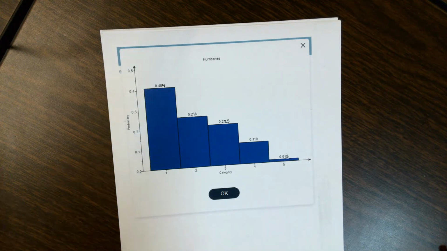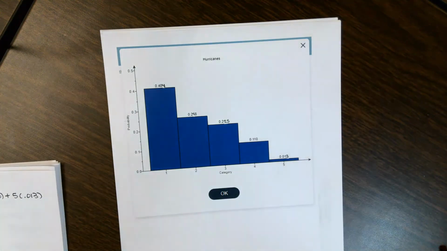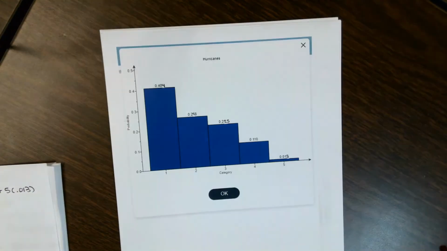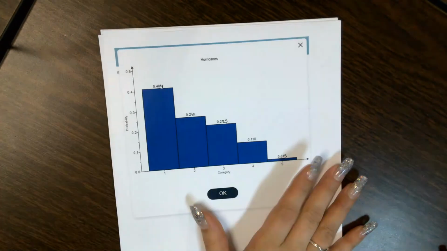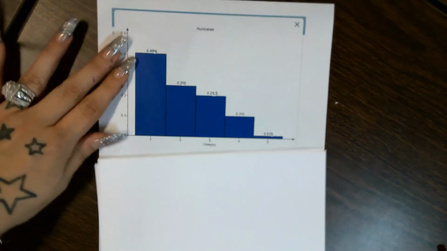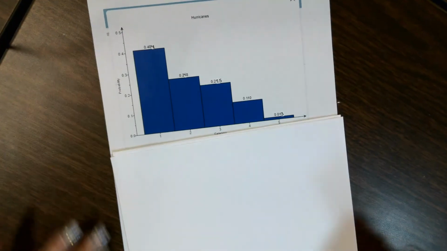So it tells me to use the histogram and come up with the mean, the variance, and the standard deviation. So let me get a blank piece of paper. Okay, find the mean.